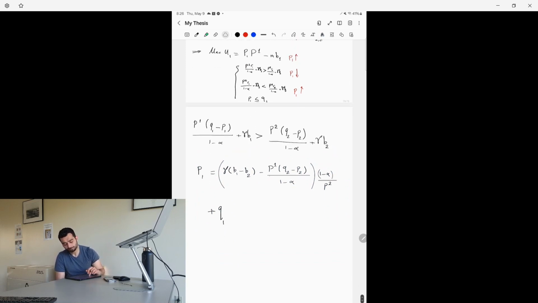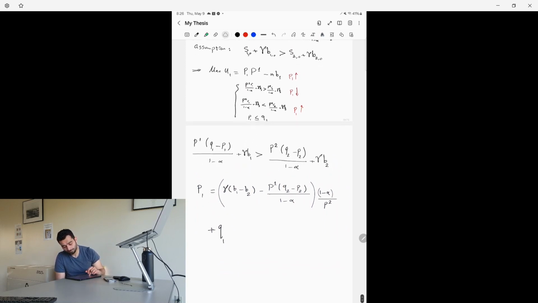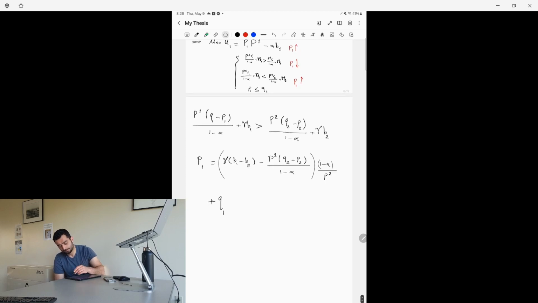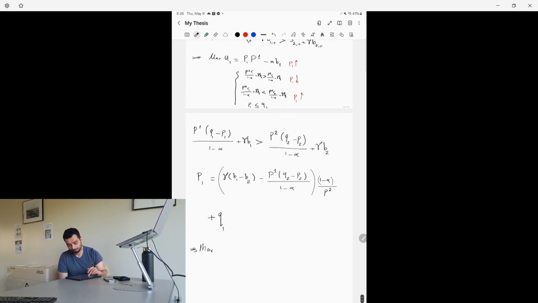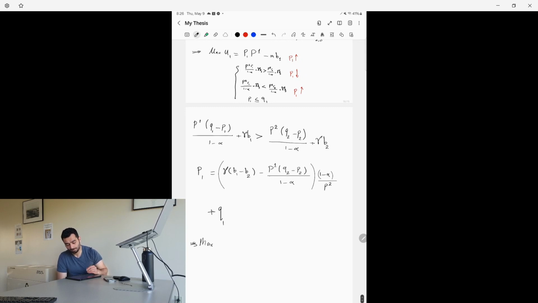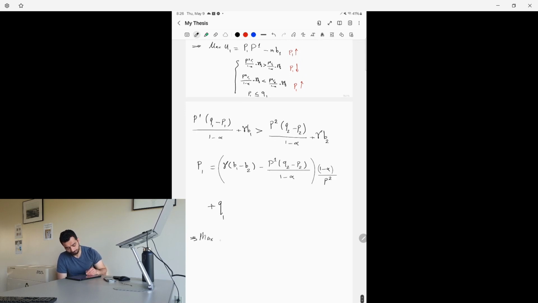So then we have to maximize something, a constant; B1 constant can depend on P2 and B2.